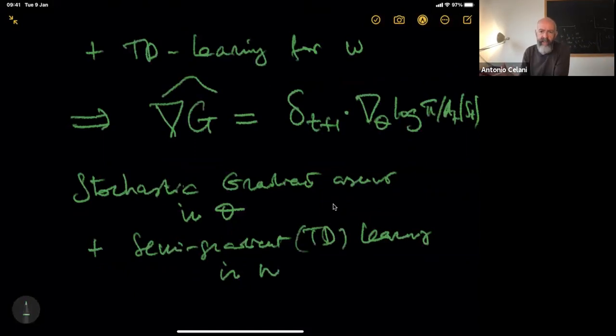We learn an approximation for the value function, and we try to move our policy towards better performances by following the gradient.